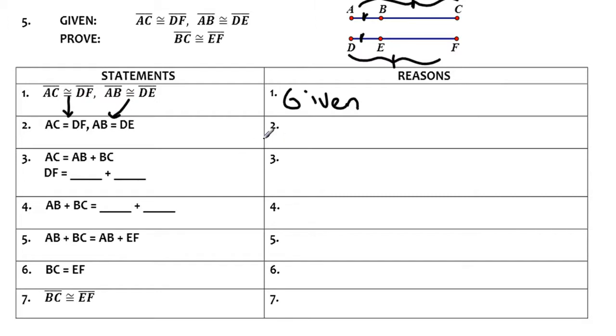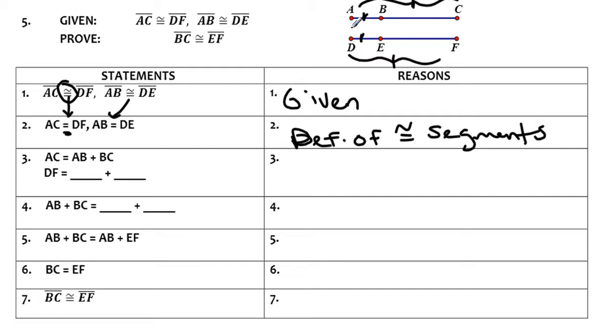Anytime you change from a congruent sign to an equal sign, it's called the definition of congruent and then whatever you're talking about. In this case, we're talking about segments. The definition of congruent segments just says that segments that are congruent have equal measures. So we're just making this cleaner so that we can start using some algebra. Congruency is geometry, but we're going to be doing some algebra. That's equal signs.